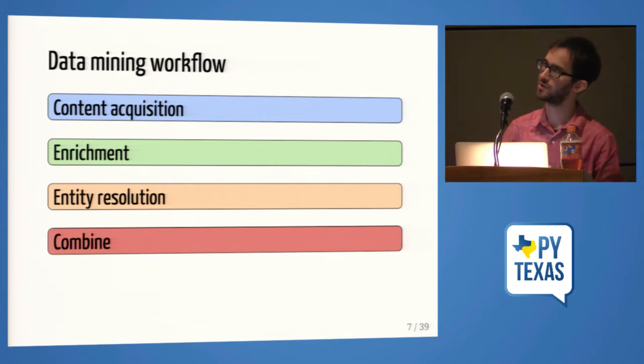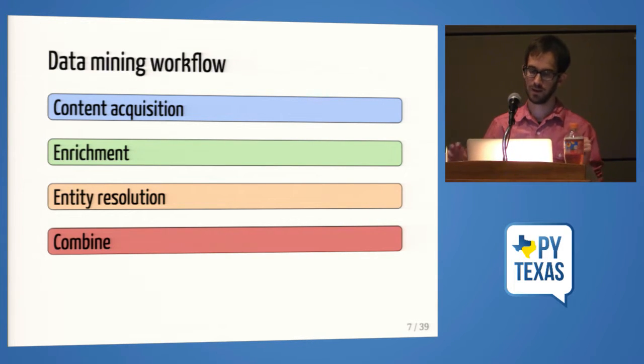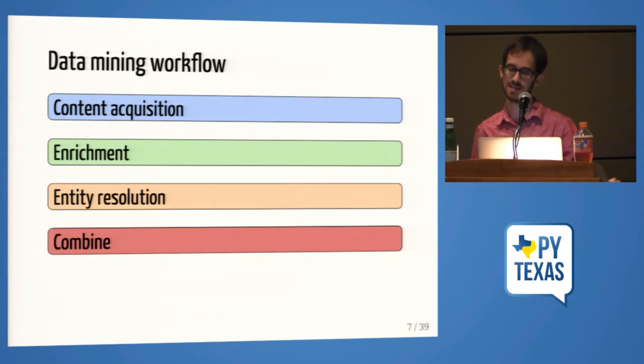And while you're collecting your data and doing the data mining, you follow a certain workflow, which has basically 4 steps. The first one is content acquisition: you go to all of your data providers and fetch data from them. Afterwards, you try to do enrichment and get more precise data for a specific point of interest or specific object.